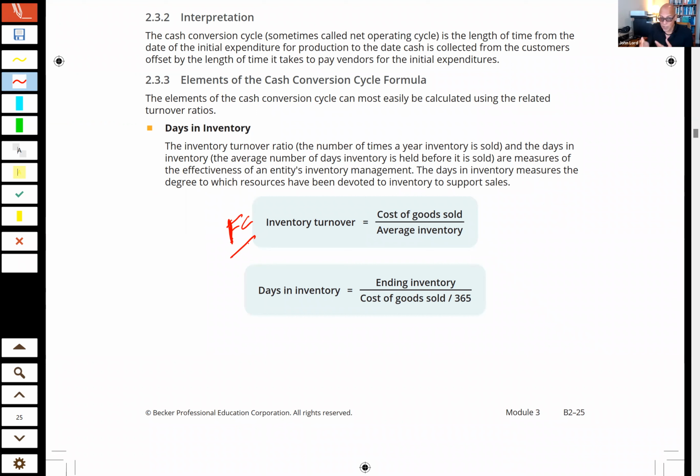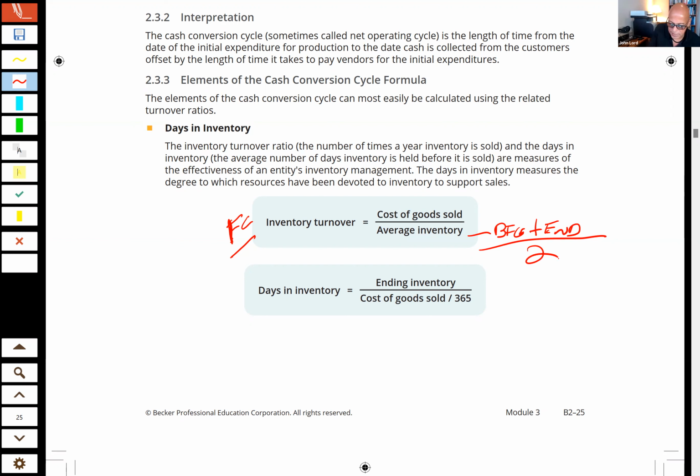Of course, you don't actually sell out, but if you take your cost of goods sold divided by your average inventory, don't forget average is always the beginning plus the ending, divided by 2, right? Two numbers in the numerator, divide that by 2 to get the average. Even though you may not actually ever sell out, you're really saying, this is how many times I rolled through my inventory. We call that inventory turnover.